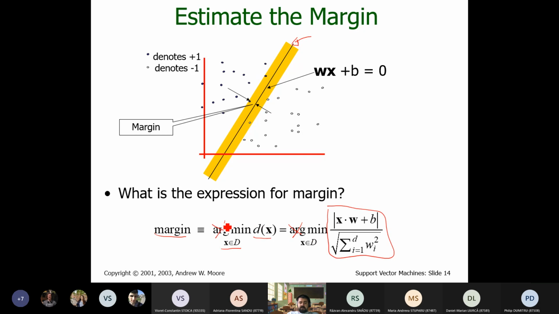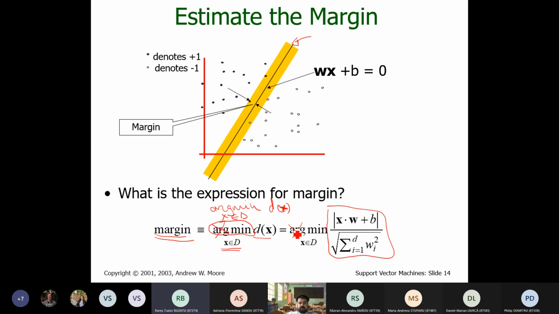Can you tell me if we put argmin, what it will give us? So this is the margin without arg. So it's only the minimum of the distances over all the points from the dataset. But can you tell me what argmin of d of x will give me? It will give us the point. What point? It will give us the point from the margin.